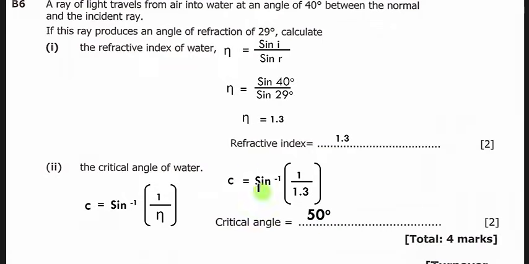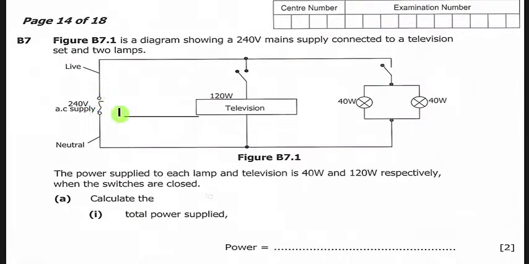So let's move to question 7. P7 says figure B7.1 is a diagram showing 240 volts main supply connected to a television set and 2 lamps. So we have a diagram showing 240 AC supply connected to a television.